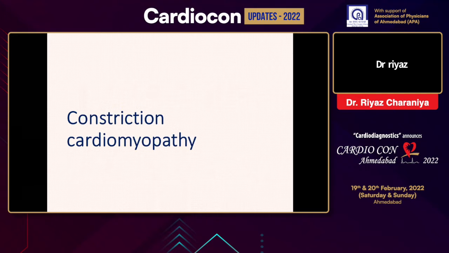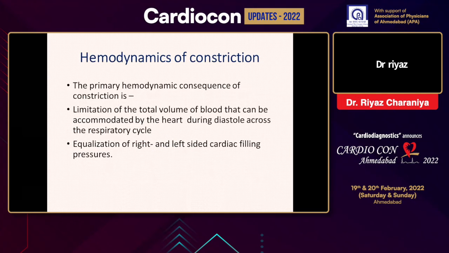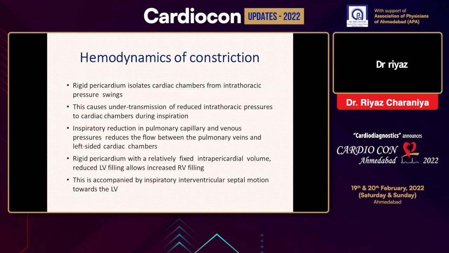So what will happen in constrictive physiology or constrictive pericarditis? The primary hemodynamic consequence is limitation of the blood volume that can be accommodated by the heart during diastole. There is equalization of right and left sided cardiac filling pressures. What happens is, because of the rigid pericardium, it isolates the cardiac chambers from the intrathoracic pressure swings, which were earlier transmitted to the cardiac chambers.